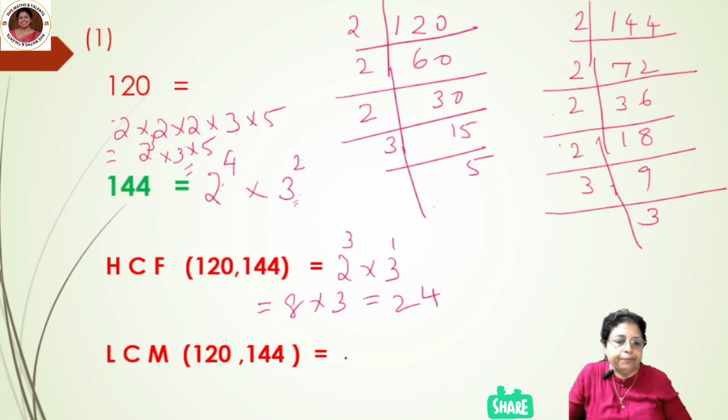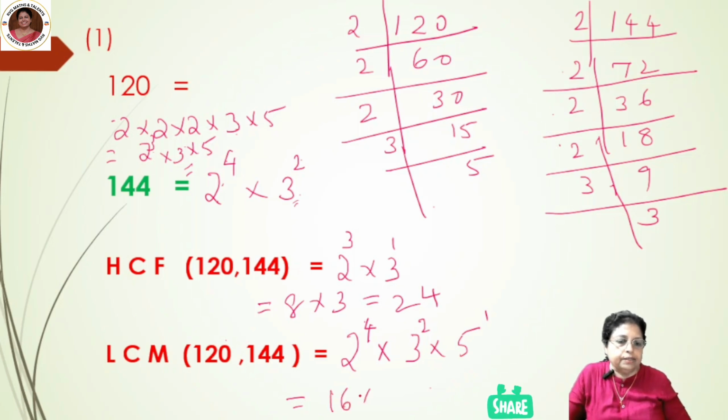What about LCM? LCM is, I take the factors involved. 2, 3, 5 are the factors. Take the highest powers. That is 2 raised to 4, 3 square and 5 raised to 1. Okay. 2 raised to 4 means 2 square times 2 square.